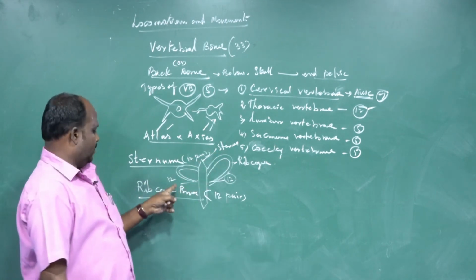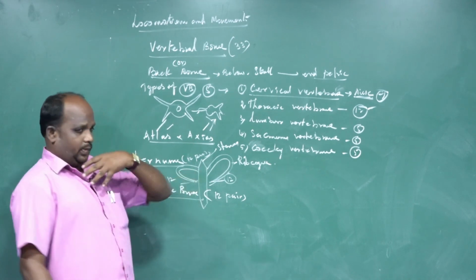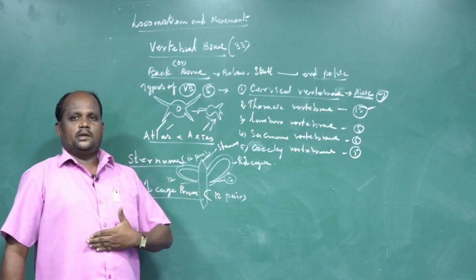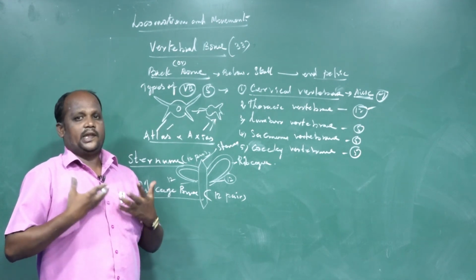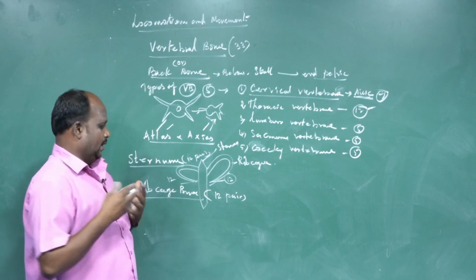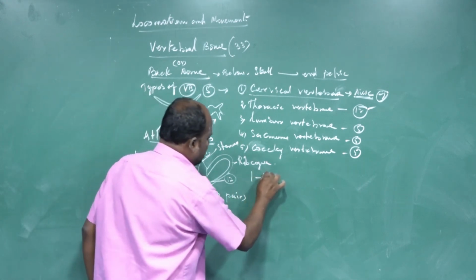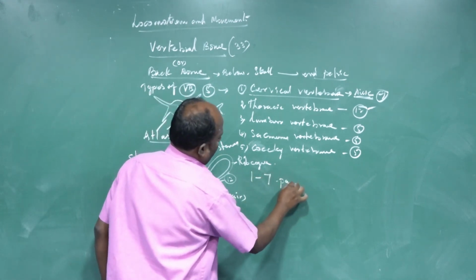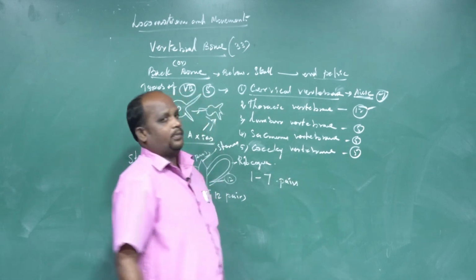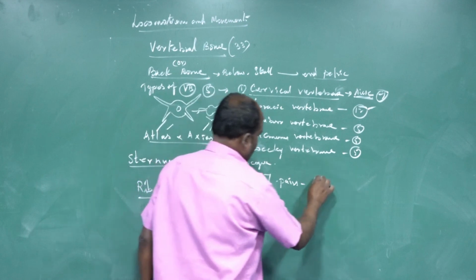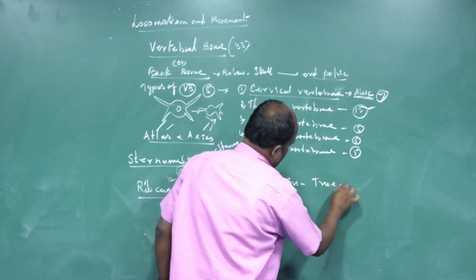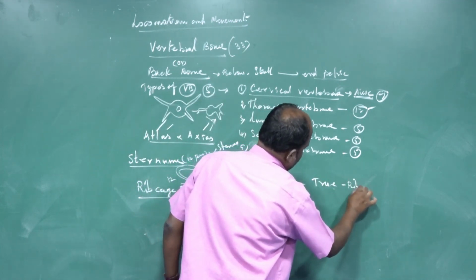So listen, 12 pairs of bones design the front of the body's thoracic cavity. The cavity before the abdomen is called the thoracic cavity. So first 1 to 7 pairs of bones are called true ribs.